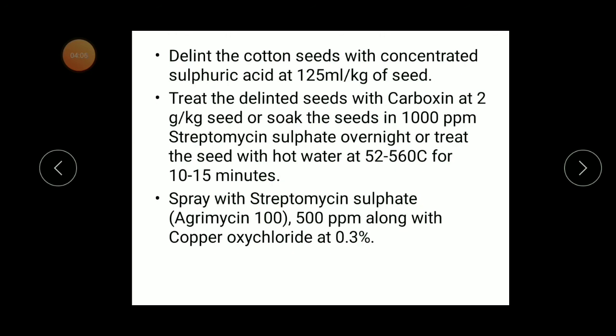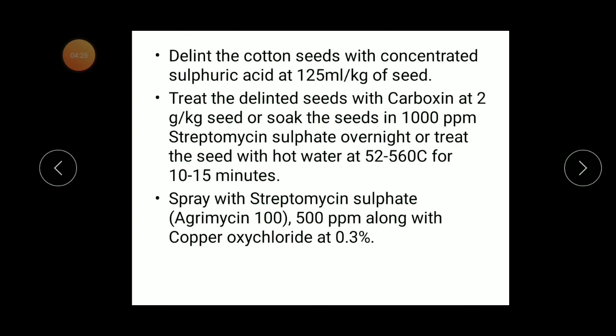So the water temperature should be 52 to 56 degrees Celsius, and we should treat the seed for 10 to 15 minutes only. Next and last one is a bioagent also, and this is a chemical compound also.